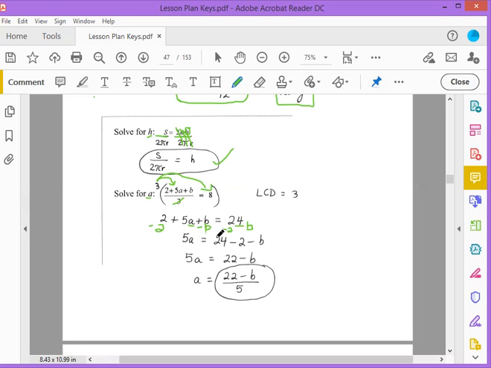On the right side, we have this 24 minus 2 minus b. And 24 minus 2 gives us 22, minus the b. Lastly, we're going to divide both sides of the equation by 5. The 5's will cancel, leaving a equals 22 minus b divided by 5.